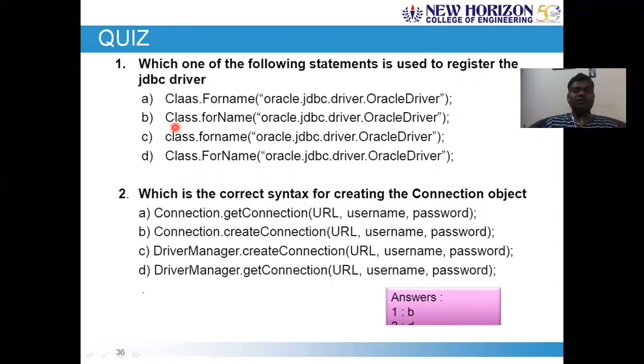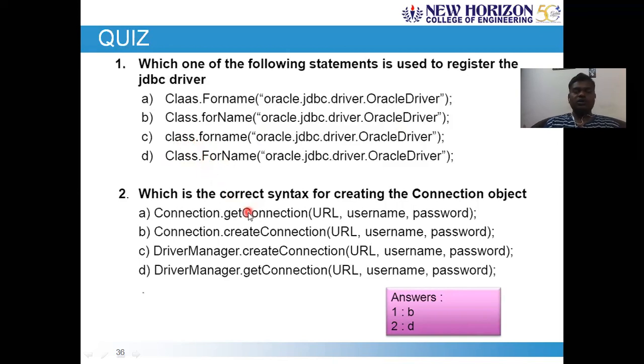Here C caps, Class.forName, Oracle JDBC Driver, Oracle Driver. This is correct. And the third one is class.forName, N should be caps, and here C should be caps, which is incorrect. C caps and N is also caps, but F is caps here, which is invalid.